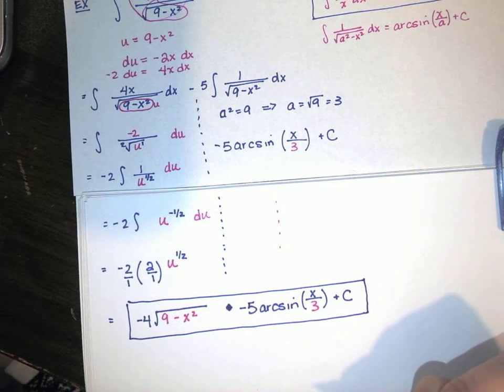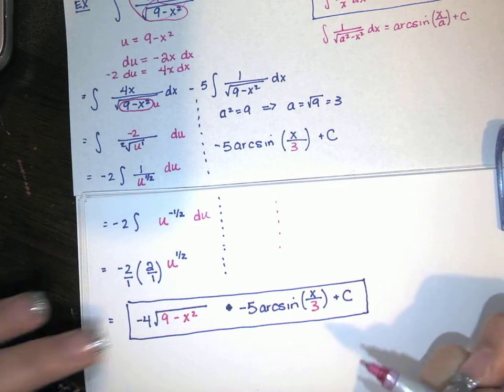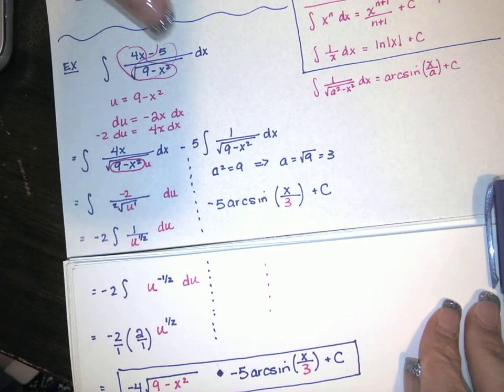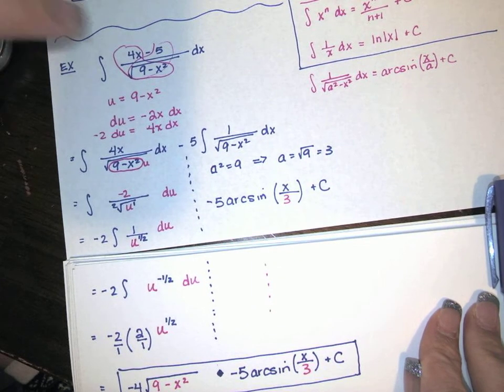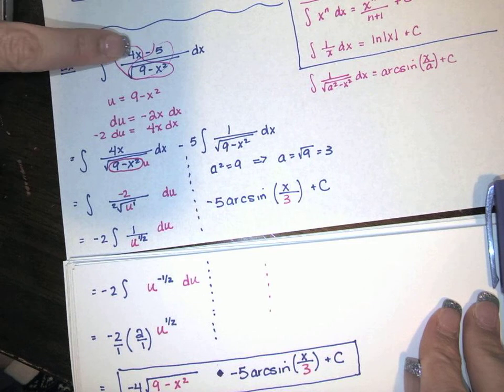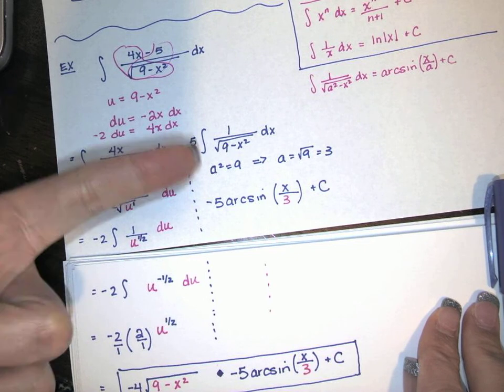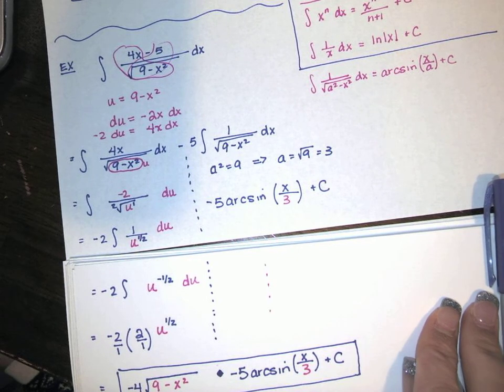But that was just an example of us separating the numerator. So when I see something like this, if u sub doesn't work because of the extra constant, or the arc sine doesn't work because of the x, then what you've got is two terms. You've got one with a u sub and one with the constant.